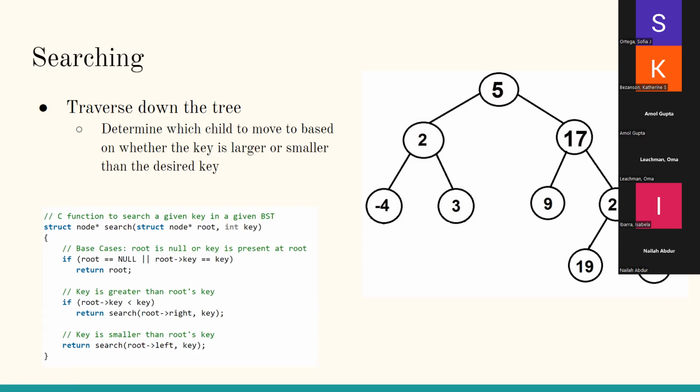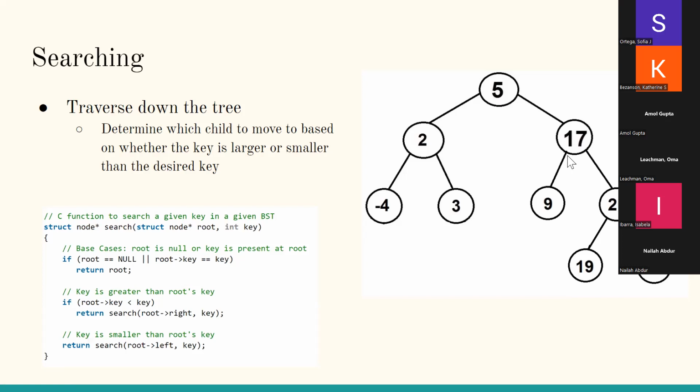Say you start at your root node, 5, and you're looking for 21. You know that 21 is larger than 5, so you go down to this subtree, breaking it down into that smaller tree and calling the function recursively on that subtree.